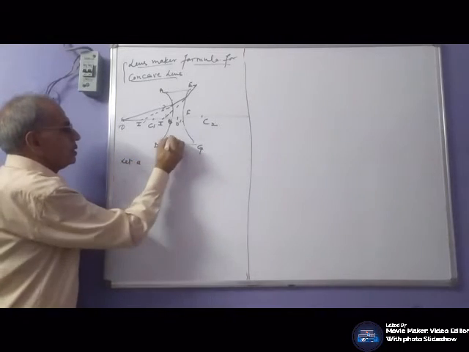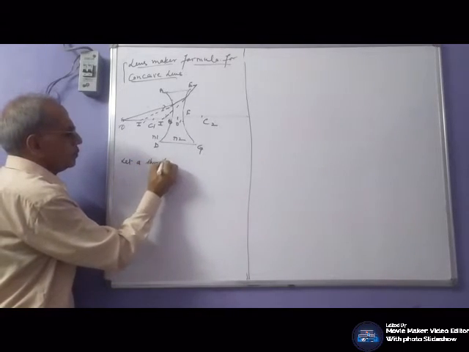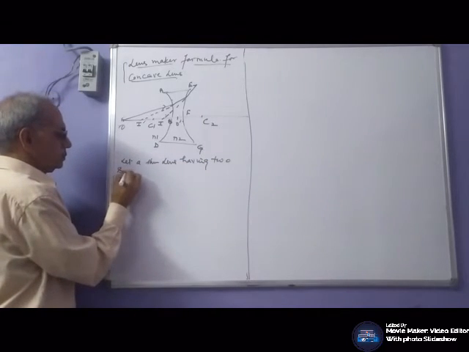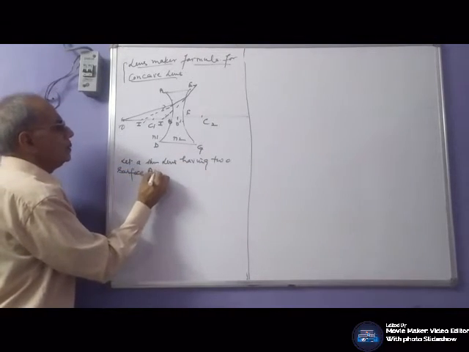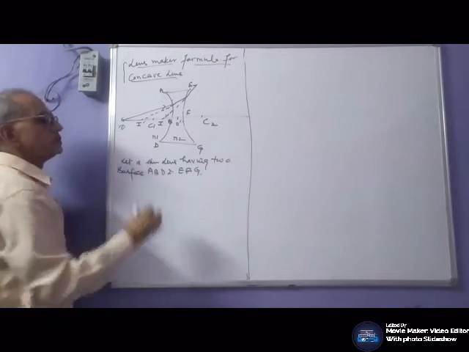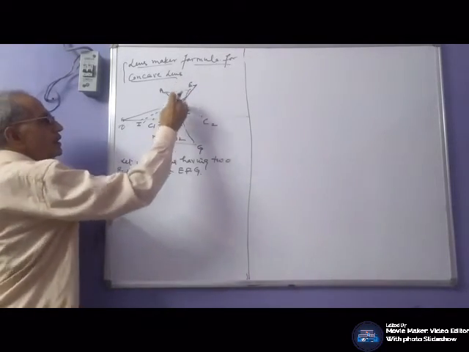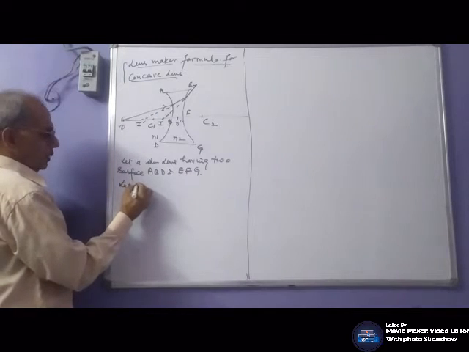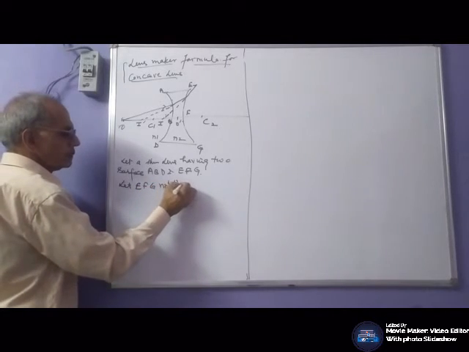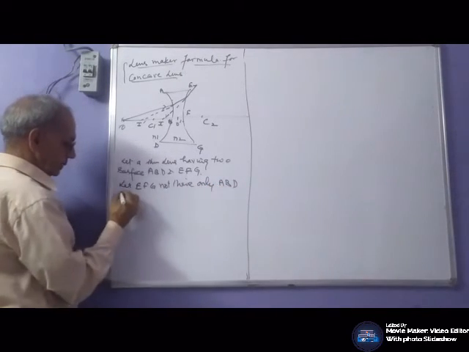Let this be N2, this be N1. Let a thin lens have two surfaces, A, B, D, and E, F, G. Let E, F, G not be there, only ABD is there.